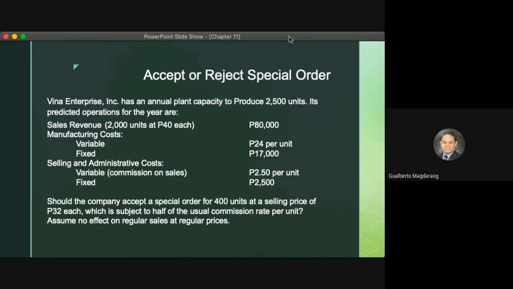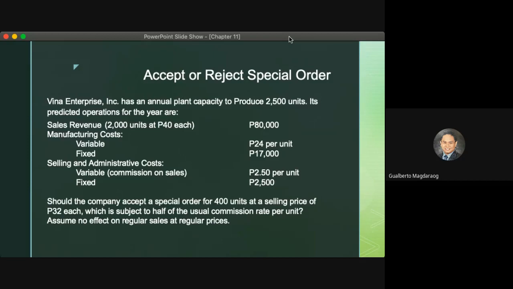Normally, sa actual, kapag merong special order, mas mahal. Sa illustration natin, mas mura yung special order. Okay, so kung dati nagpo-produce ako ng 2,000 units, tapos umu-order ka ng 400, madadagdagan ako ng raw materials, dagdag tao, and so on. So mas mahal yung babayaran mo in actual.